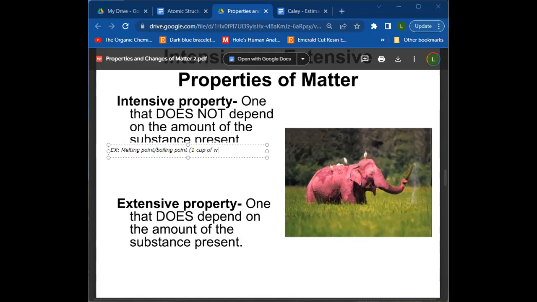For example, if you have 1 cup of water versus 1 gallon of water, they actually will both boil at the same temperature.